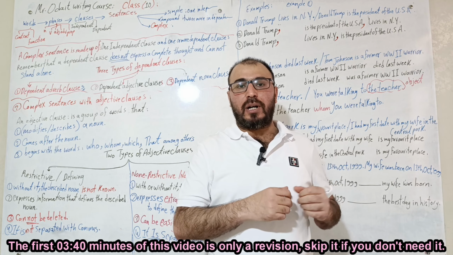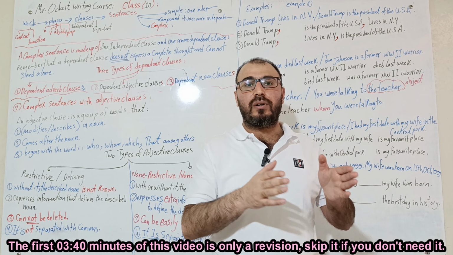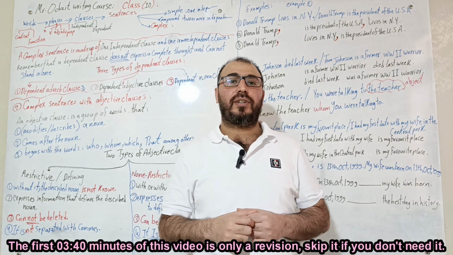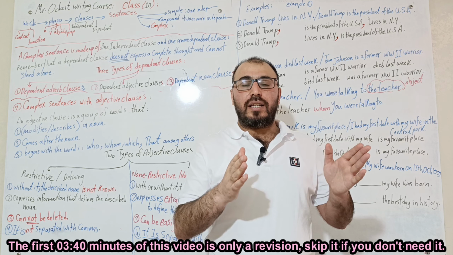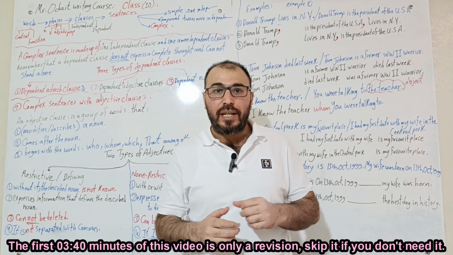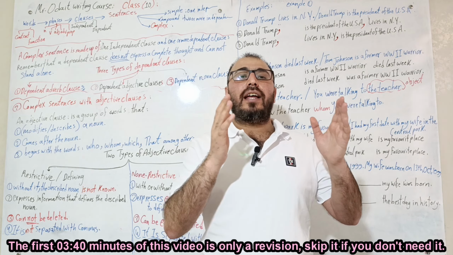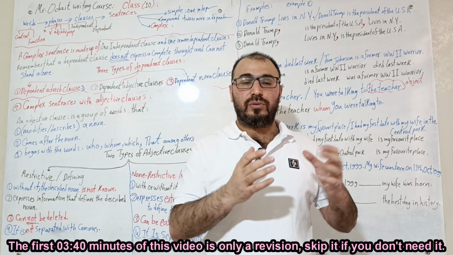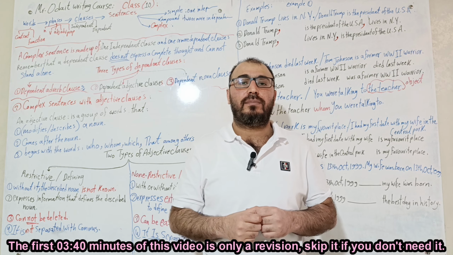Then, my friends, we talked about dependent clauses, and we said that a dependent clause is a group of words containing a subject and its verb together, but this group of words is semantically incomplete and starts with a subordinating conjunction, and it needs another clause in order to clarify it, and this clause should be independent, as we said before.